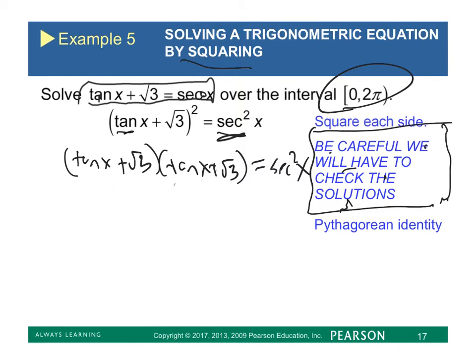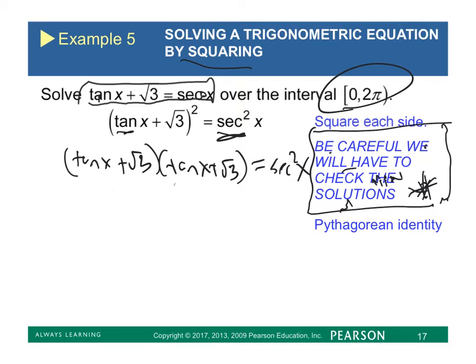Whenever we're squaring both sides, not every solution is going to be one that we want. There might even be something called extraneous solutions that don't even work. So this was really a note to make sure you check the solutions at the end when you do something as crazy as squaring both sides.